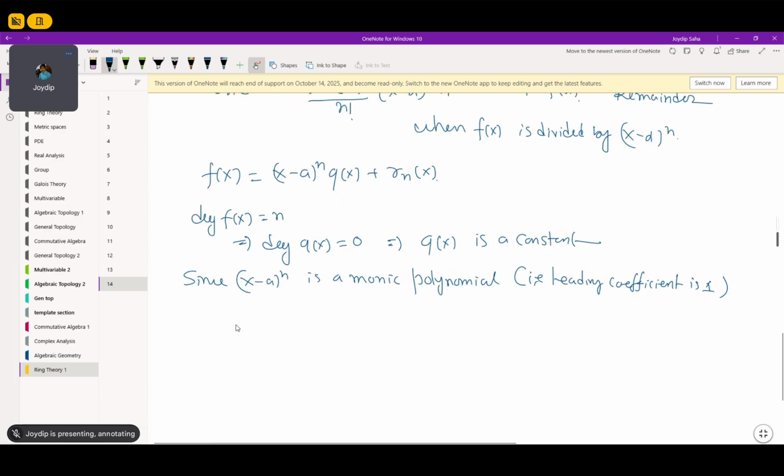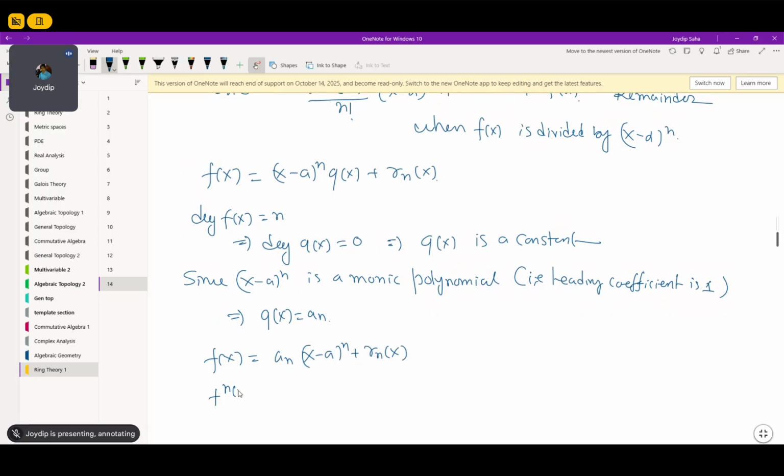So q(x) should be an. So f(x) can be written as an (x minus a) whole to the power n plus rn(x).